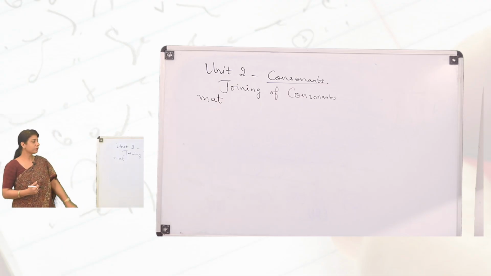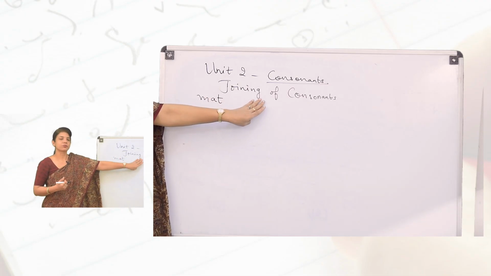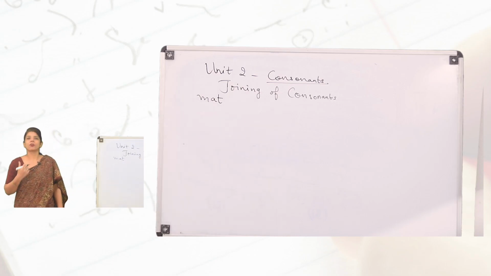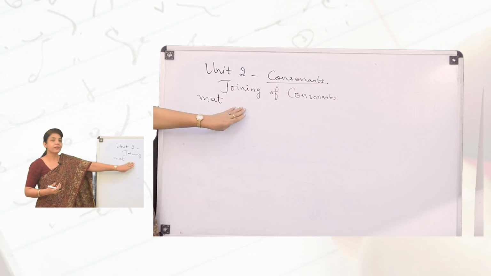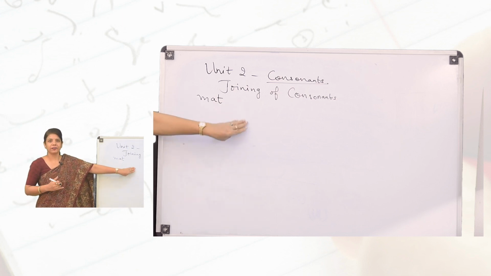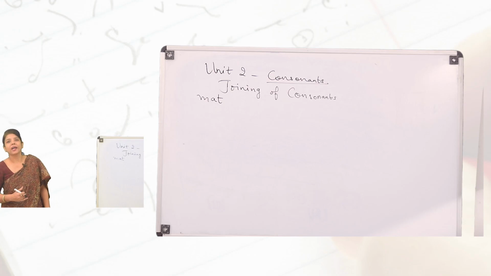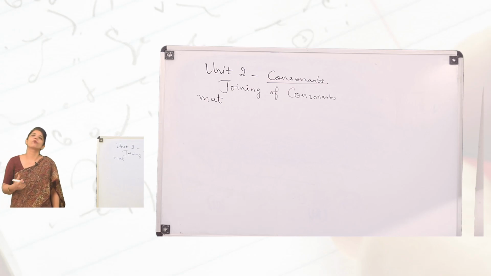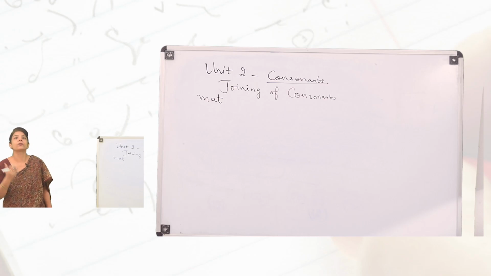In the same way, in shorthand also, once we have learnt the consonants, now we need to learn how to join the consonants. Why? Because one word will have the sound of 2, 3 or 4 consonants. And to write that word in shorthand, we need to combine all the consonant sounds which we hear in that particular word.